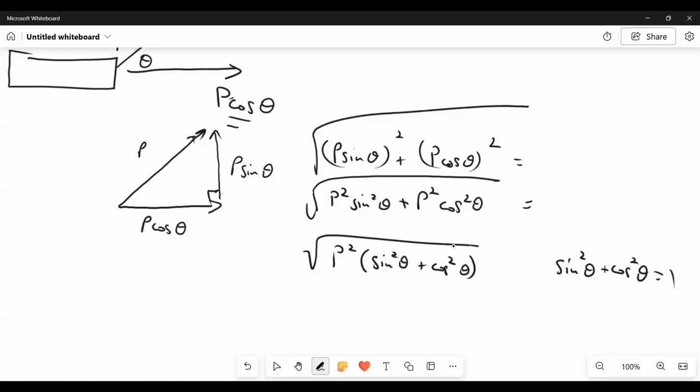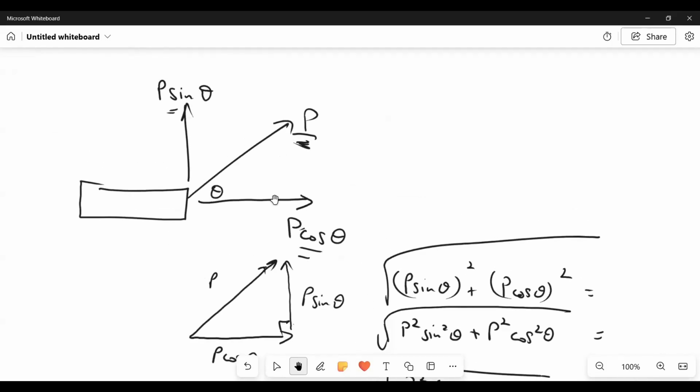So this whole piece becomes 1. So all of this becomes square root of P squared, which is P, right? So what we are seeing is that when we add P cos theta and P sine theta, when they're at right angles to one another, we get P, right? When we add them, we get P. Therefore, we can take P and break it up into P sine theta and P cos theta back, right? Into its components. We can do that.